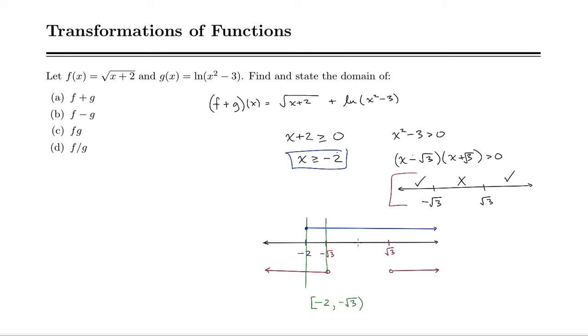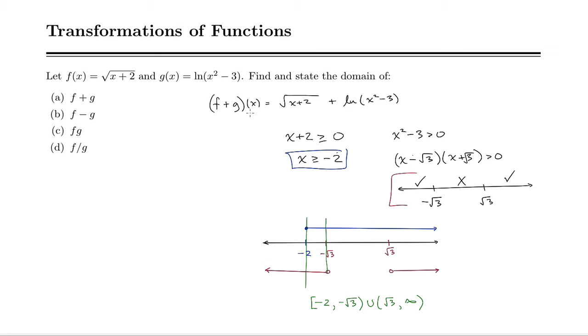And then all the way through here, we don't have any red, so we're not allowed to have that. And then right at root 3, we start back up. But again, it's empty for red, so we don't include it. And then after that, forever and ever, we'll have both. So that goes to infinity. And so there's our domain of f plus g.